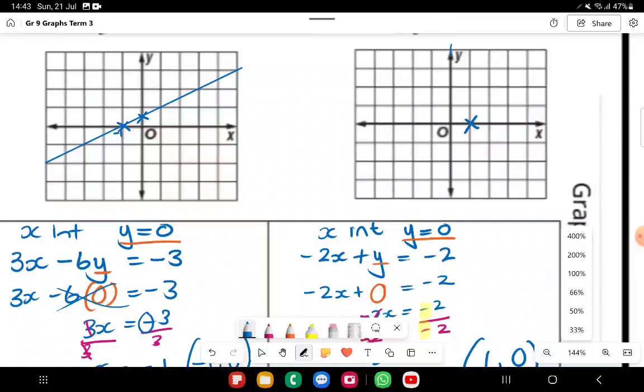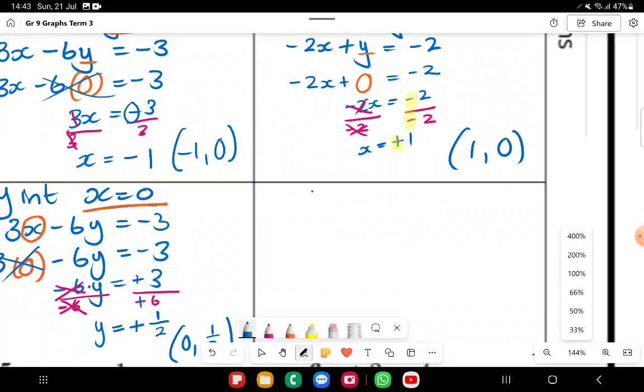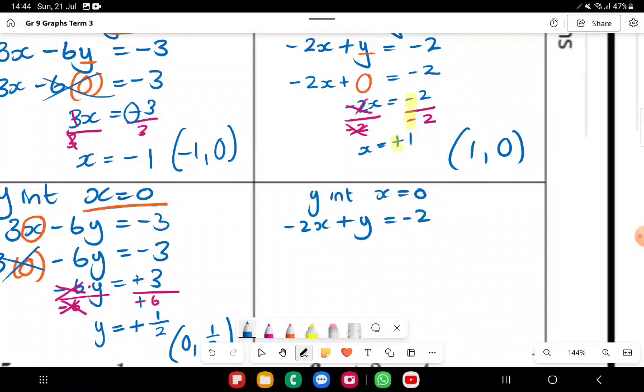Now I want something on this line. So I'm going to say y-intercept, x equals 0, -2x plus y equals -2. Now remember, I'm substituting x is 0, so I change that to 0, plus y equals -2.